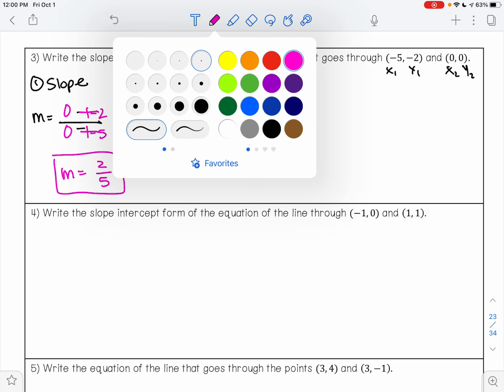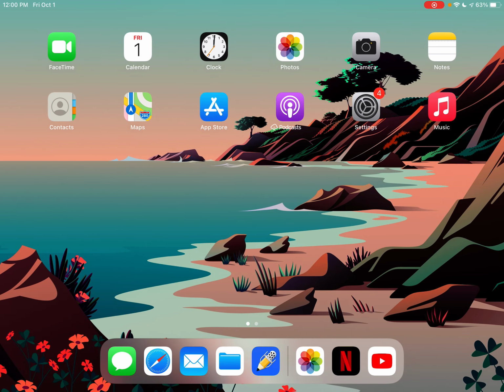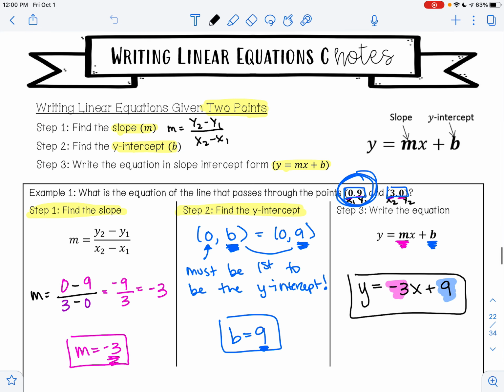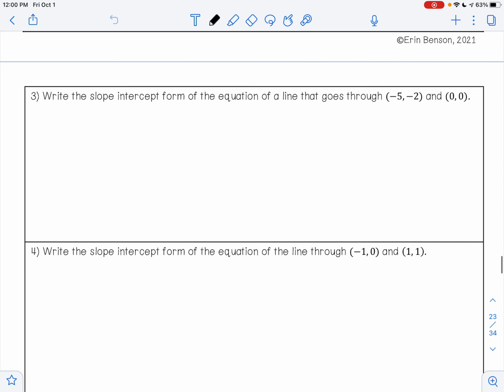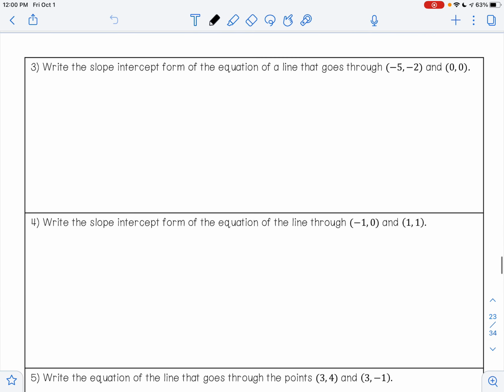Step 2 is to solve for our y-intercept. So in step 1, we got that our slope was 2/5. I don't know why it erased on us. Step 2 is we're going to find our y-intercept.